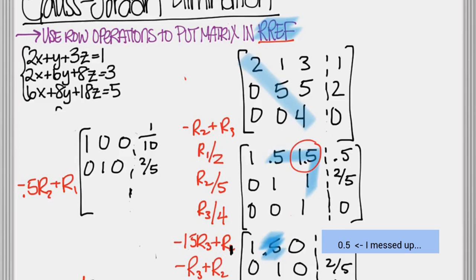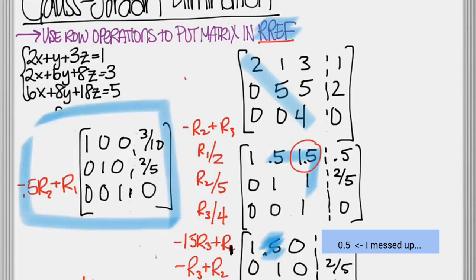Just making sure I added right here, plus 0.5. I actually misspoke. I didn't multiply by that negative 0.5, so let me fix that. If I do negative 1/2 times 2/5 and then add a 1/2, I should get 3/10 as my answer here.